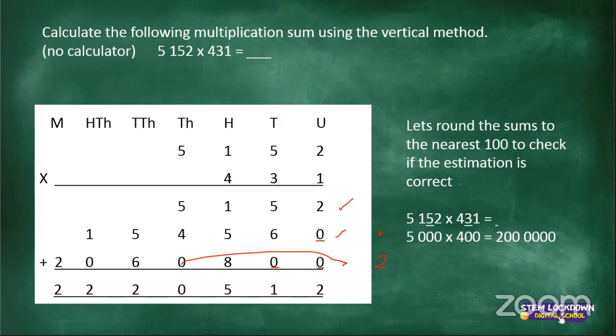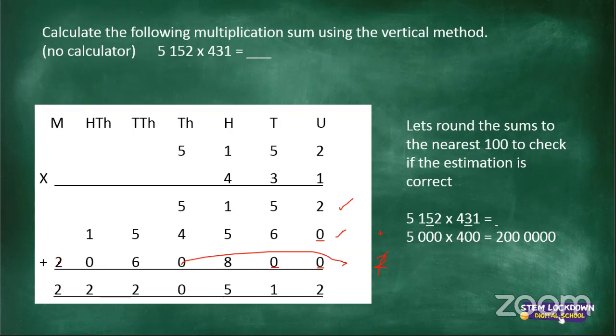Okay, then we say 4 times 1 is 4. And 4 plus this 2 gives us the answer of 6. And we add our 6 here. And then all we are left with now is 4 times 5. 4 times 5 is 20. So we put our 0 here and we add a millions column. Okay, and we put a 2.